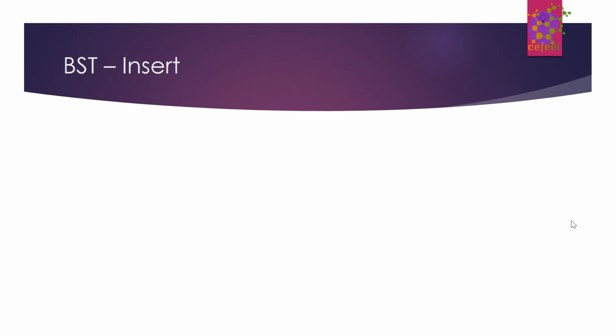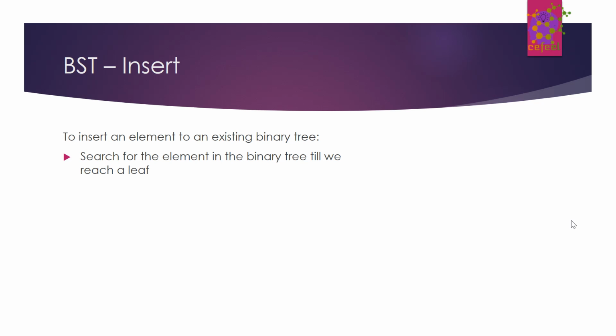Cool. Now let's see the insert operation. Now insert operation is pretty similar to search. In fact, what we do is we first search for the element till we reach a leaf, till we find a leaf where we stopped and then we were returning -1 in the search call. Now here what we'll do is we'll insert our new element depending upon the value of the element.